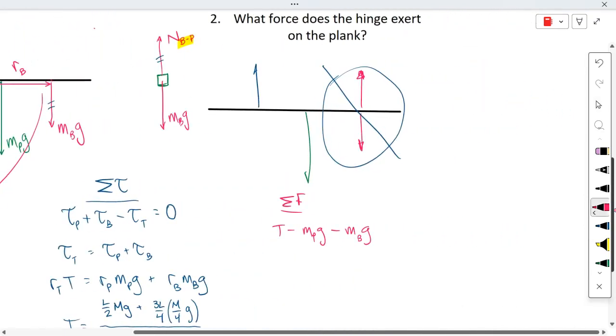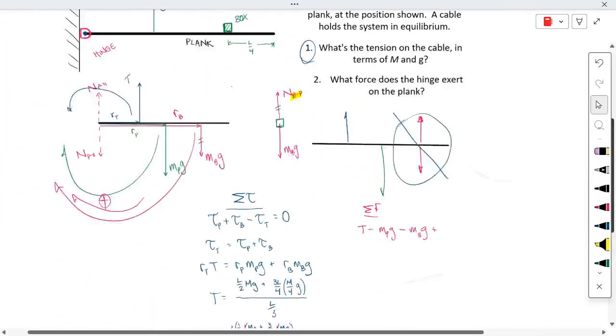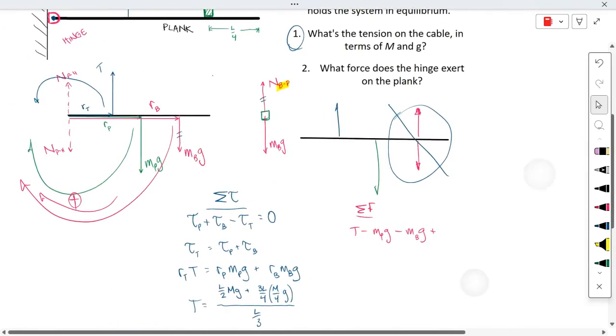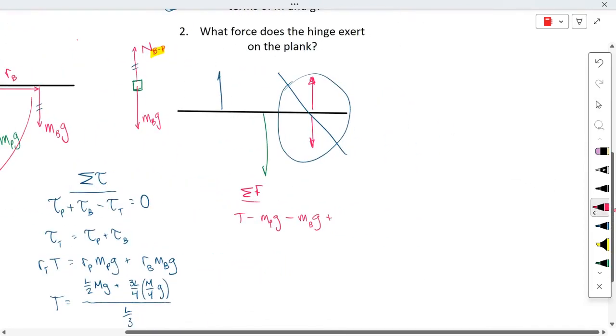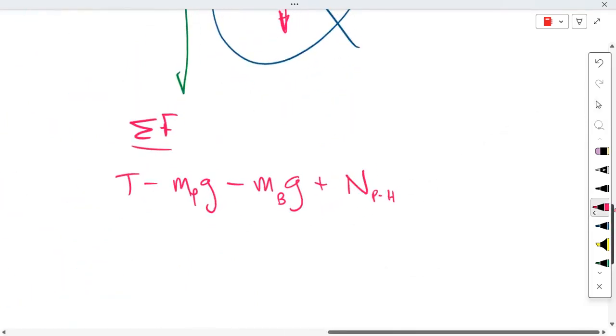Well, how about this? Let's just say plus, what do we call that? We call it normal force. Normal on plank by hinge. All right, now, I'm calling it positive. I'm saying it's upward. I'm just sort of taking a shot in the dark.